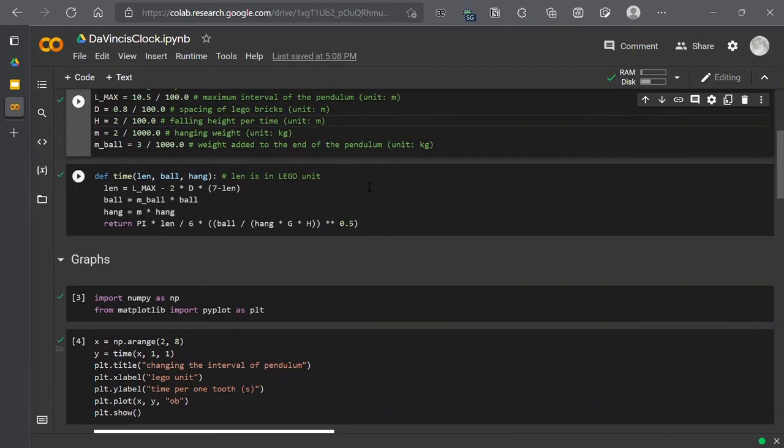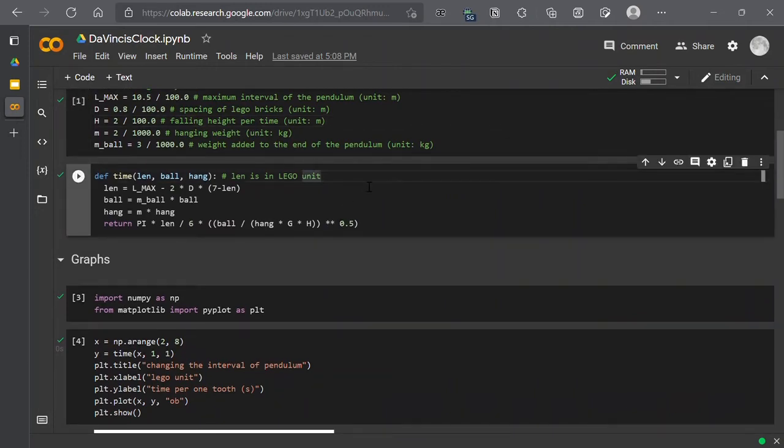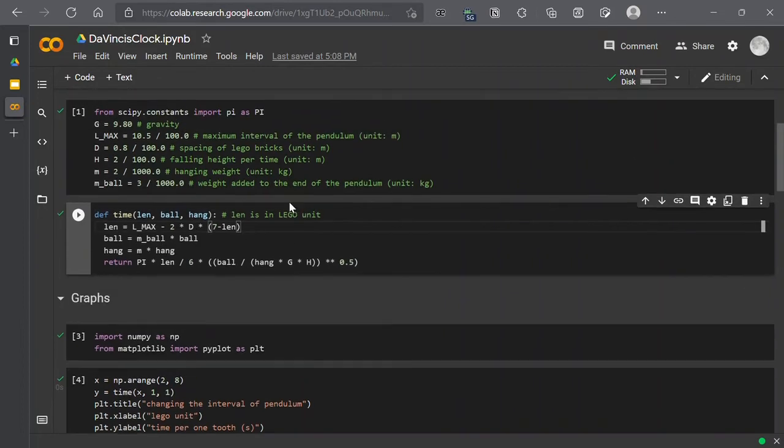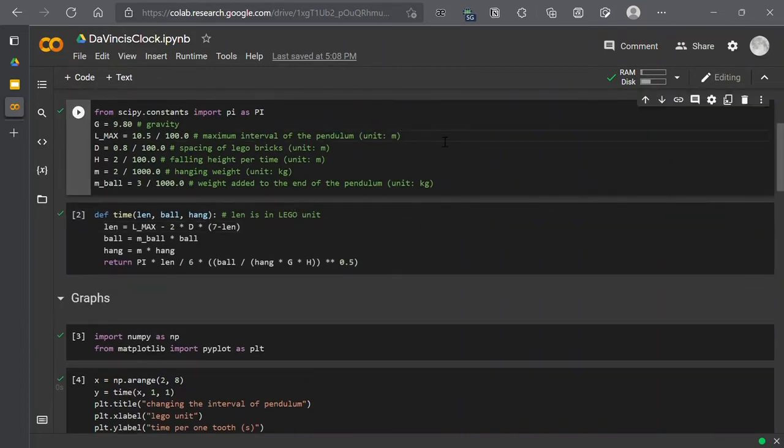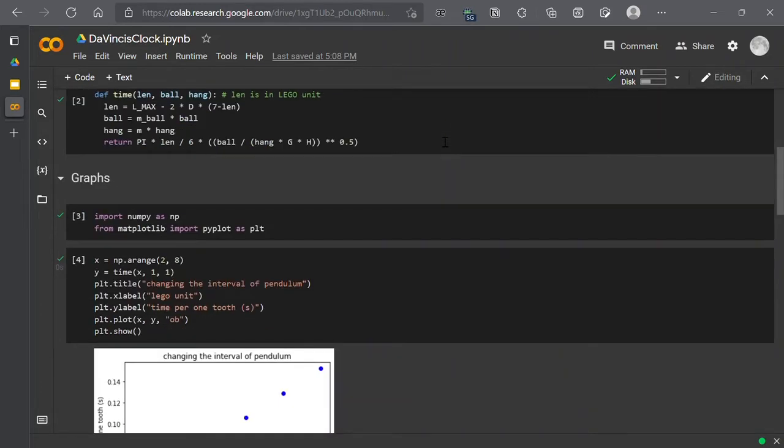Then the parameter list is in Lego unit, which means when we input the maximum value 7, we'll get Lmax here. That is the maximum interval of the pendulum.